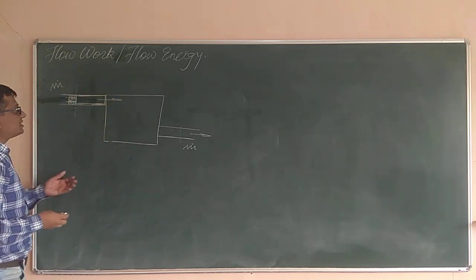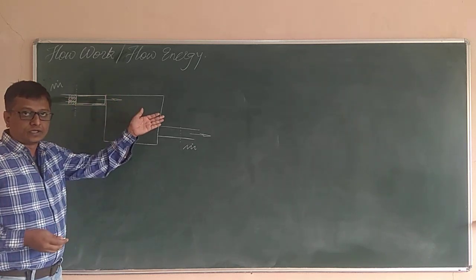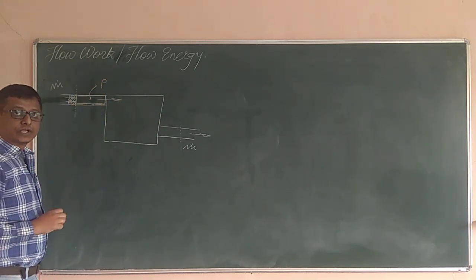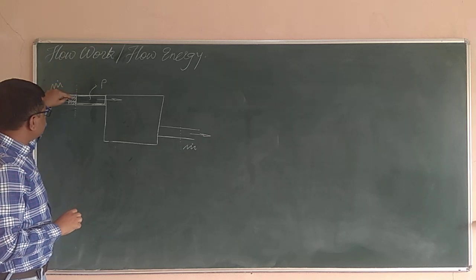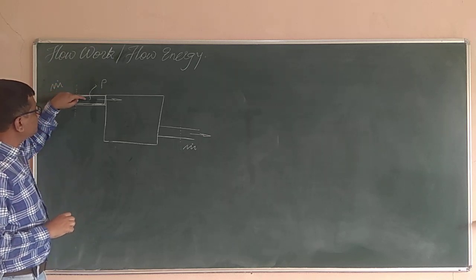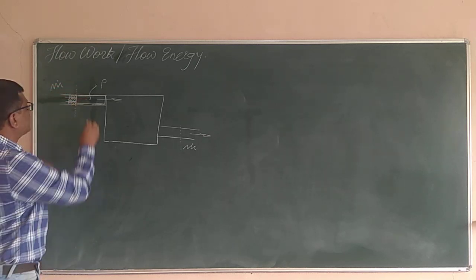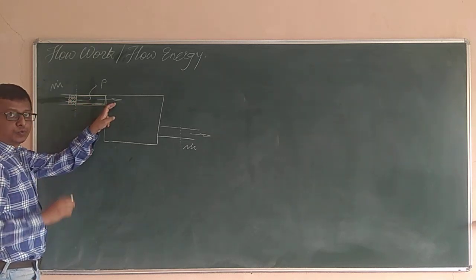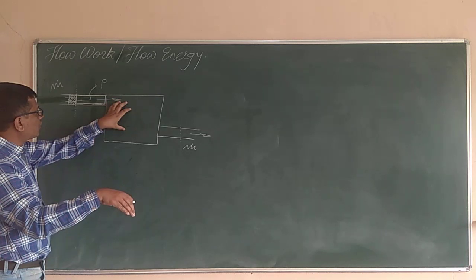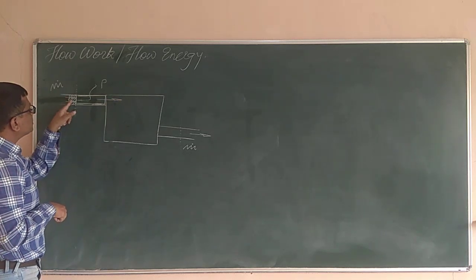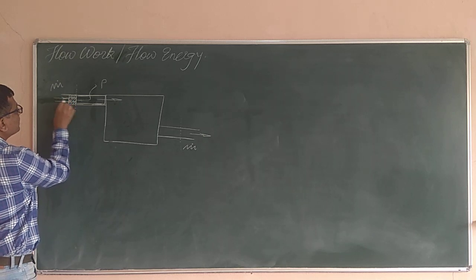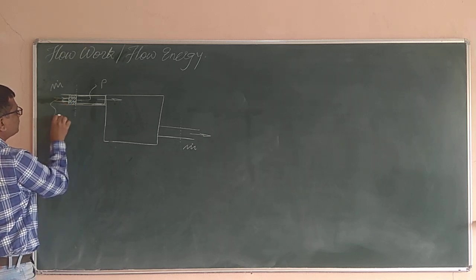It is not easy for this piston to push it ahead, since this fluid element also has some pressure. So this piston has to overcome the pressure force exerted by this fluid element, and in order to push it into this control volume, this piston has to exert a force, and let us say it is the force F.